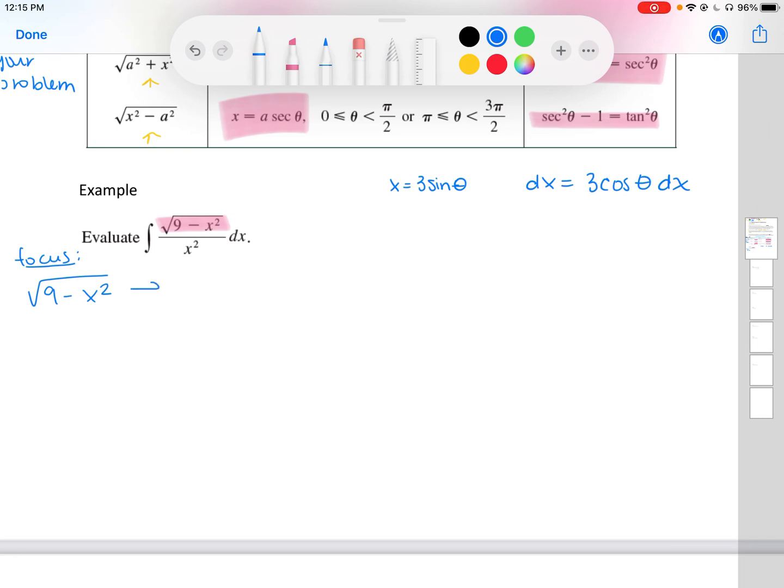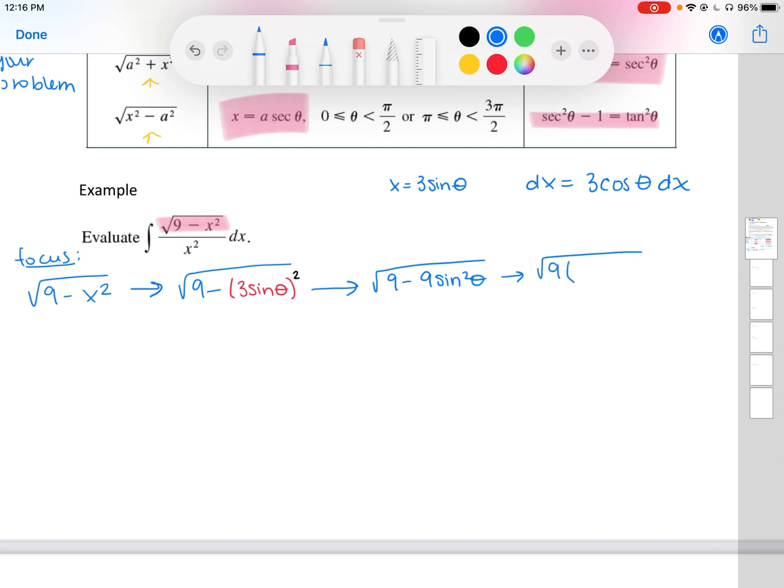All right, so the x will be replaced with 3 sine theta. So that we have the square root of 9 minus 3 sine theta squared. Okay, so this gives us the square root of 9 minus 9 sine squared theta. Let's factor out a 9.